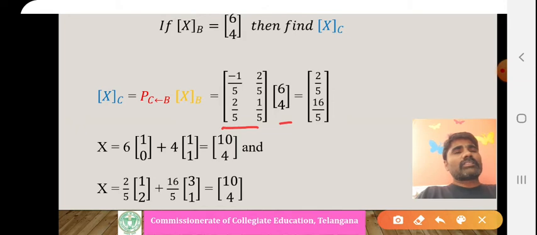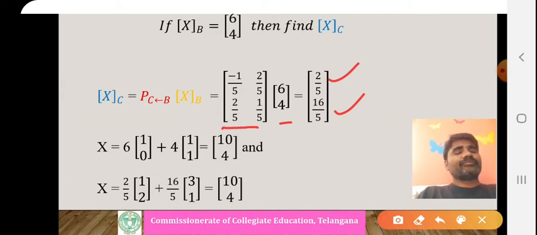By multiplying these two matrices, we will have minus 6 by 5 plus 8 by 5, it becomes 2 by 5, and 12 by 5 plus 4 by 5, it is 16 by 5. This is the coordinate vector of x with respect to the basis C. The same x can be written as a linear combination of elements of C. The coordinates are 2 by 5 and 16 by 5.